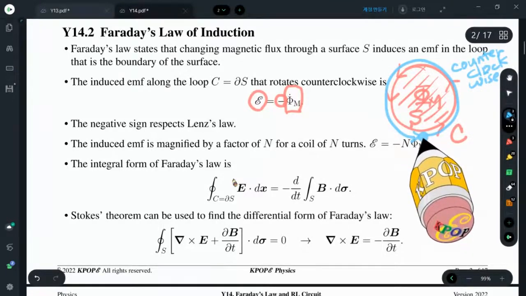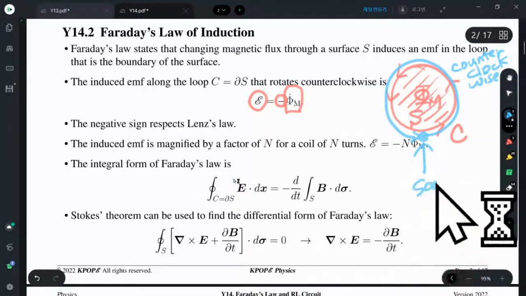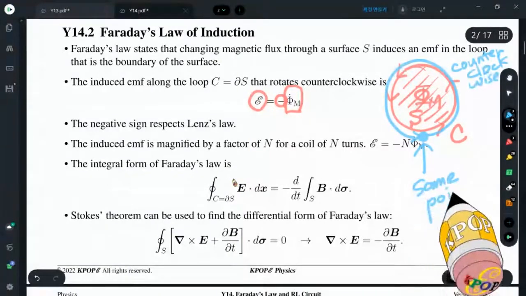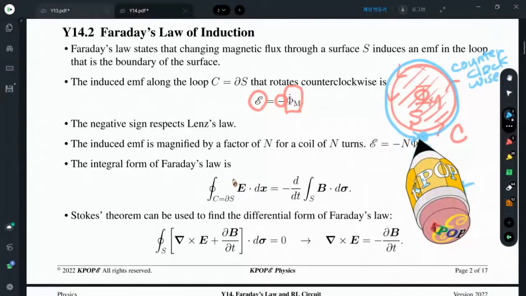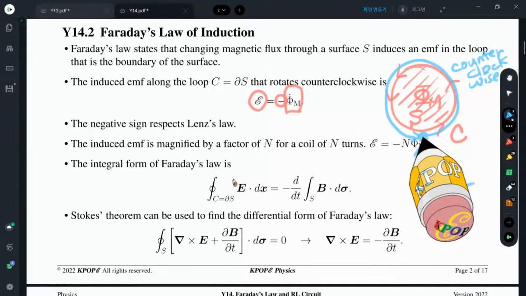Change in potential, same place, same point. If you return to the same point, the potential changes.